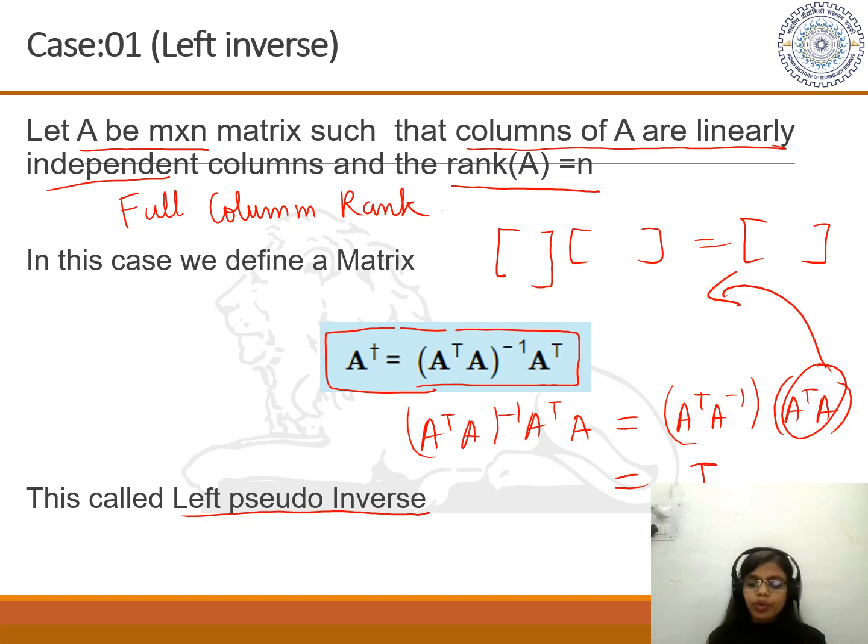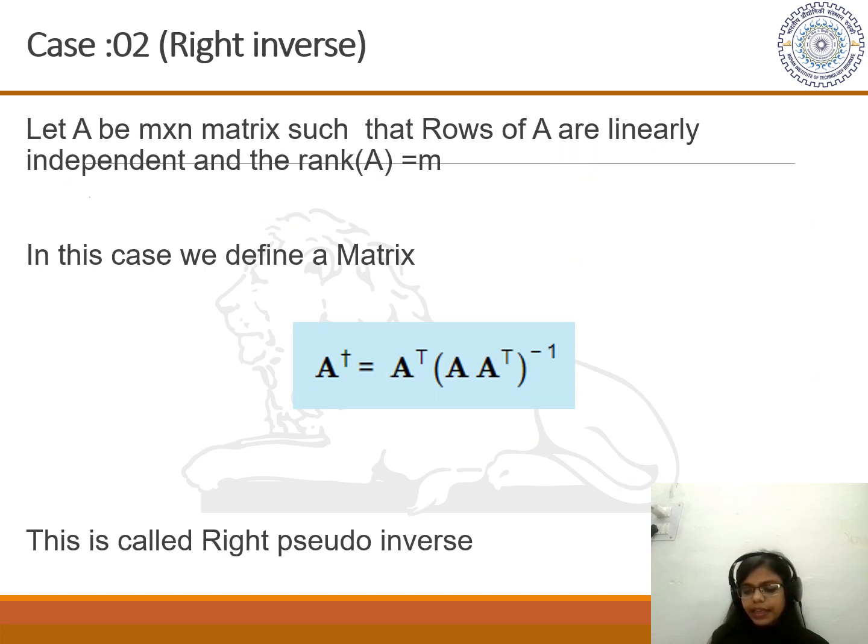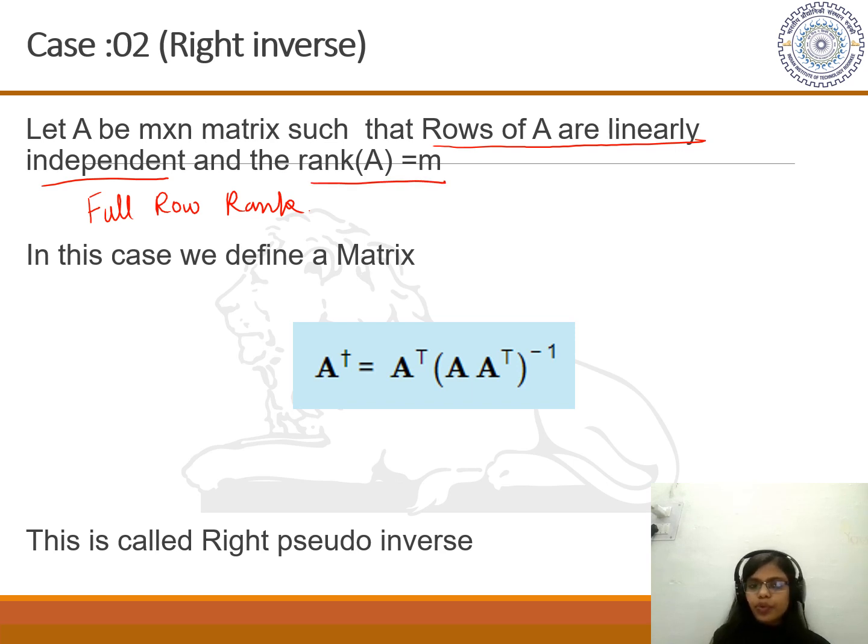So let's move on to our second case, where our matrix A is a full row rank matrix, or simply where the rows of A are linearly independent and the rank of A is equal to m, that is, the number of rows in A. So for this case, we define the pseudo inverse as A transpose into (A A transpose) whole inverse, right?